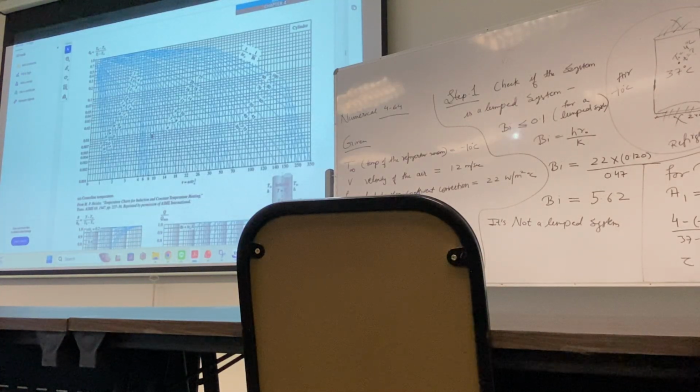Then what is the value of the x-axis? It is somewhere close to 0.396. It will be somewhere here, and your 1 divided by Bi is 0.17.